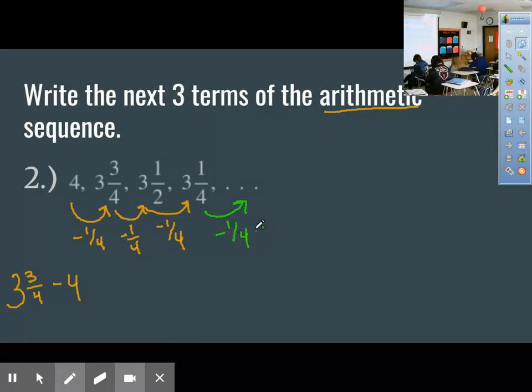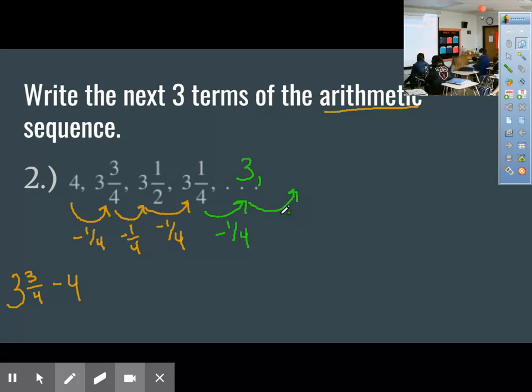Rebecca, what do you get when you do that? Hold on, I'm looking for the next number. That's fine. Three, perfect. So the next term is 3.